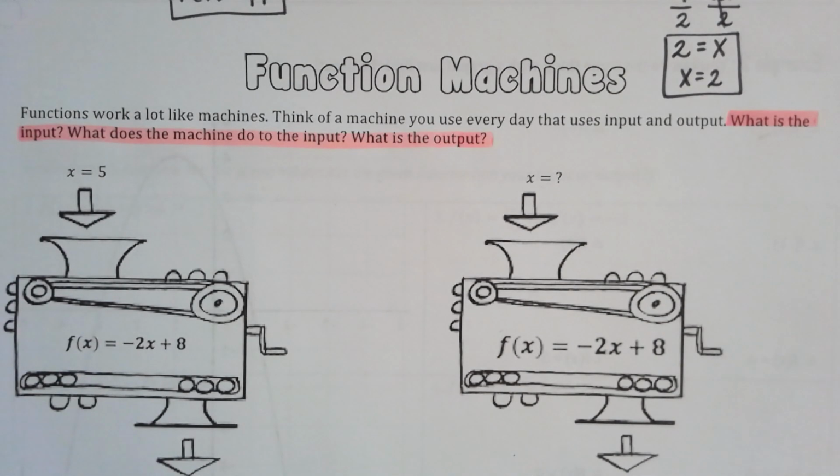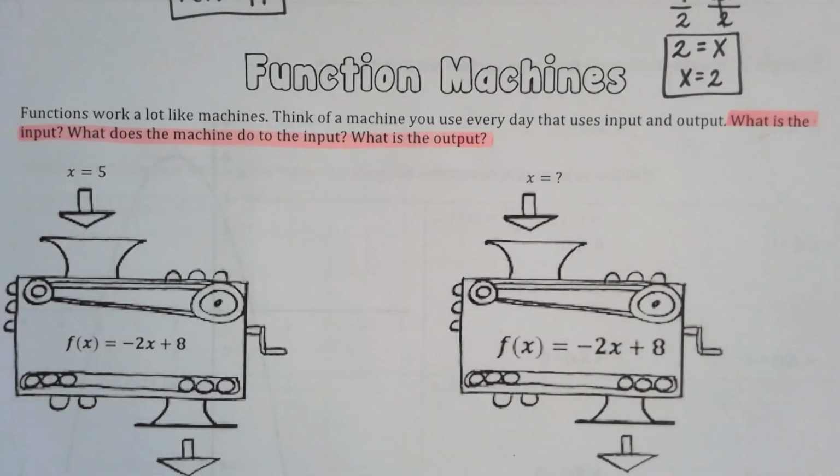What are you trying to get out of it? Toasted bread. Does the bread come out the same way it went in? No. The machine is the toaster. So when you put your regular bread in, you're getting a new product out based on the machine that you put it in.